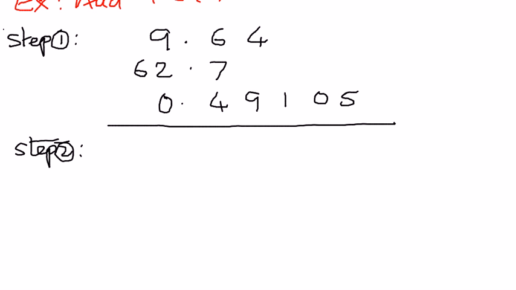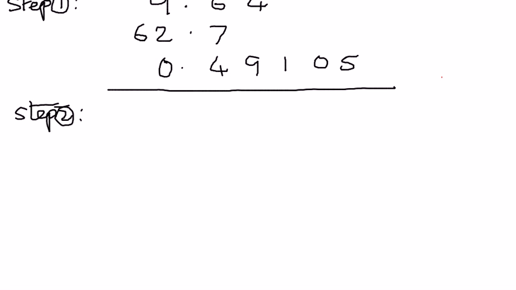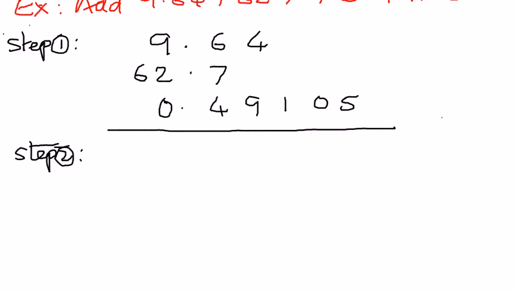we want to make sure that we are adding the numbers in the respective columns. So we're going to fill up the numbers in the columns which are short, which are not aligning correctly. So for example in here we want to align 9.64 or 9.64000 means exactly the same thing.